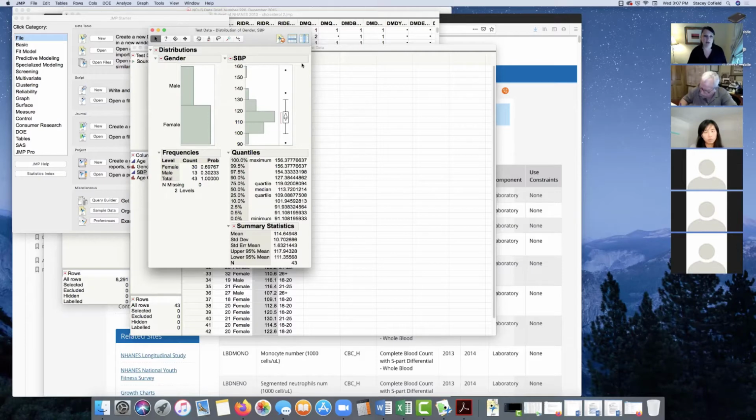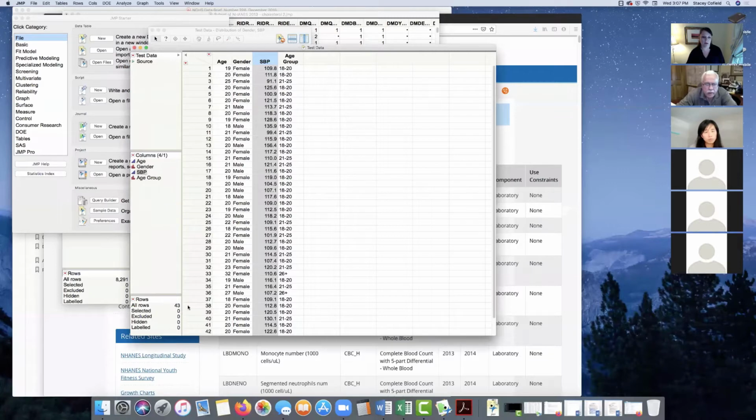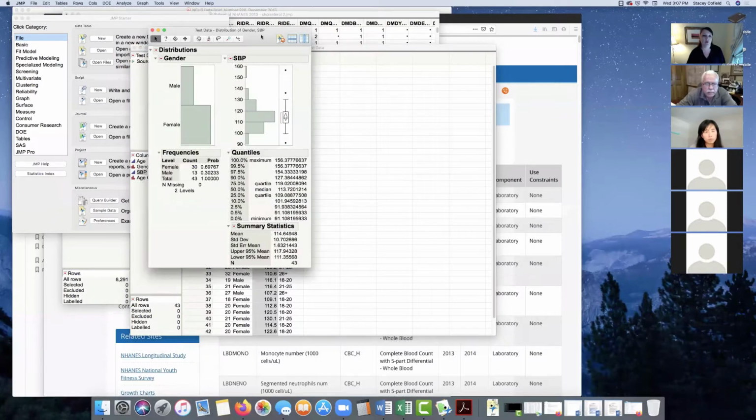It looks like I've got 43 gender values and 43 SBPs, and I can see here in my rows menu that I have 43 rows, so it doesn't look like I'm missing any data.